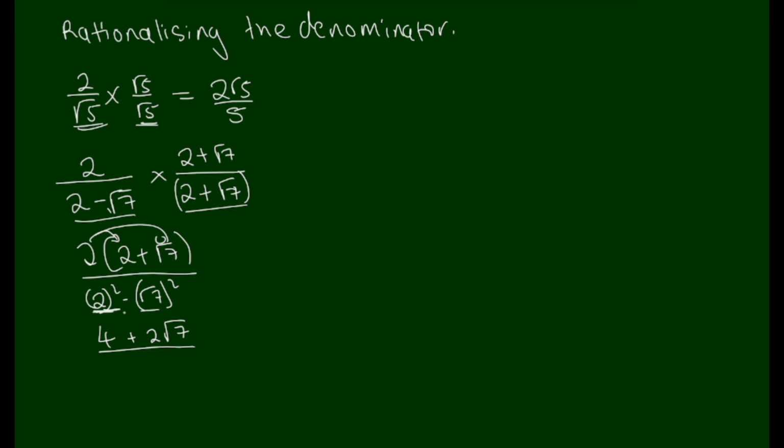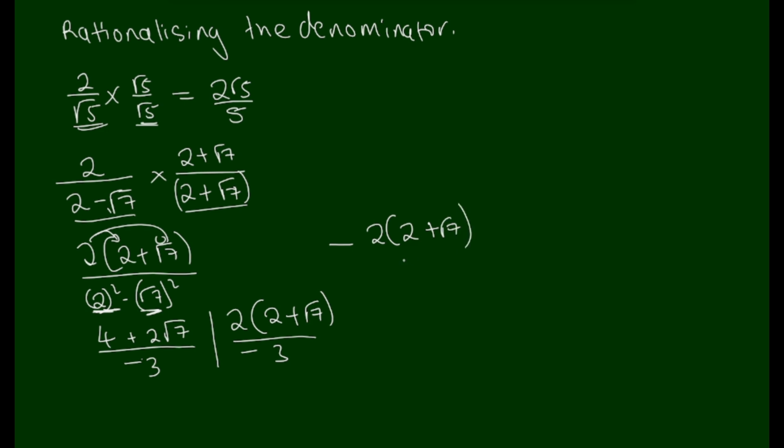This is 4, this is 7. 4 minus 7 should be negative 3. Take out 2, and it becomes 2 plus square root of 7, and then over negative 3, or the whole thing being negative. You can write negative 2 times 2 plus square root of 7 over 3, that is fine. Now the denominator is rational.